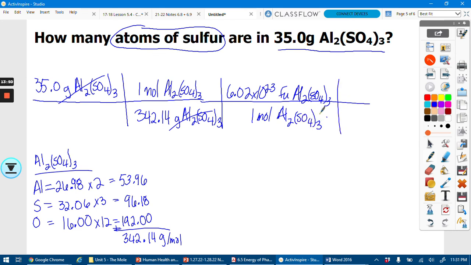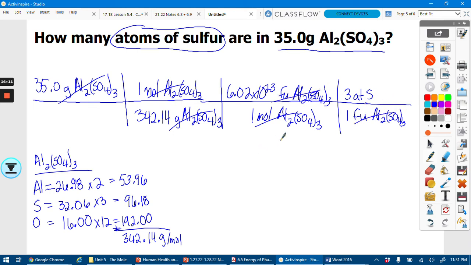And then, so now we're at formula units. In 1 formula unit, how many atoms of sulfur do we have? We have 3 atoms of sulfur to every 1 formula unit of our aluminum sulfate.